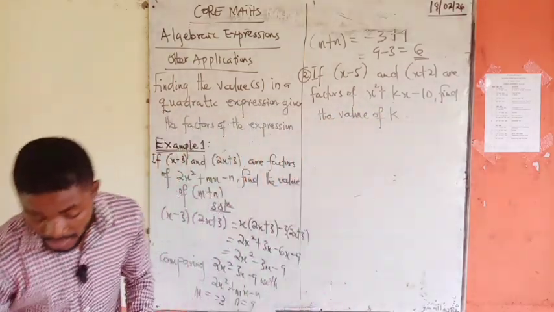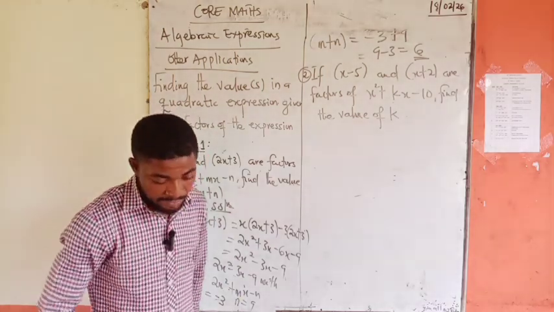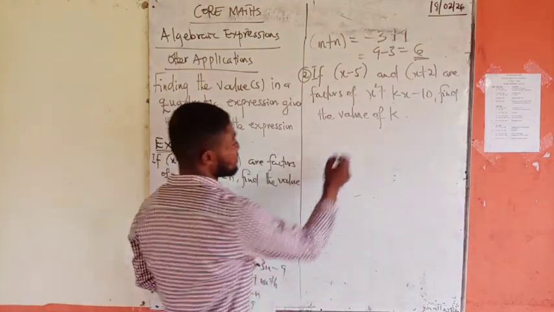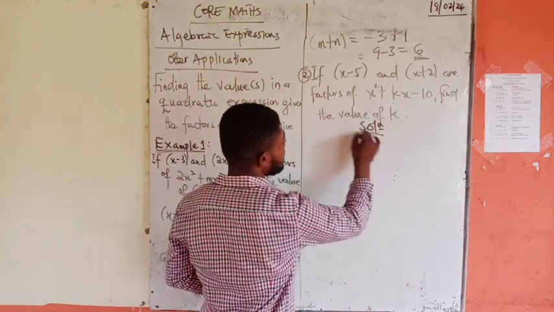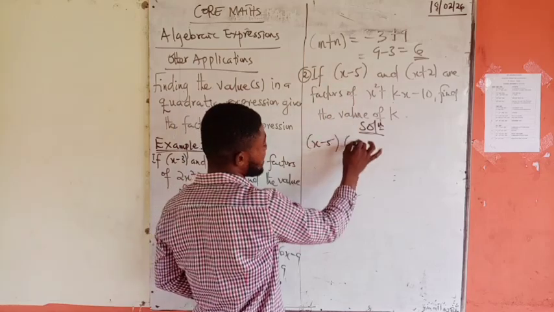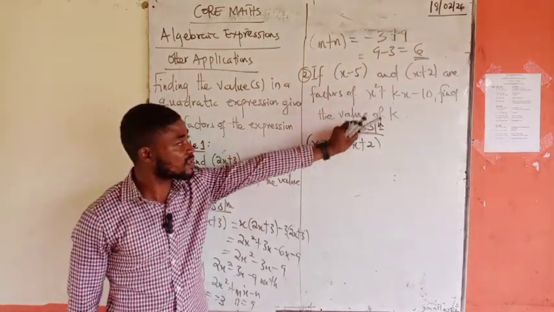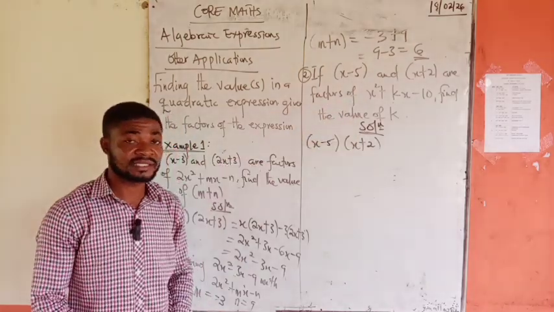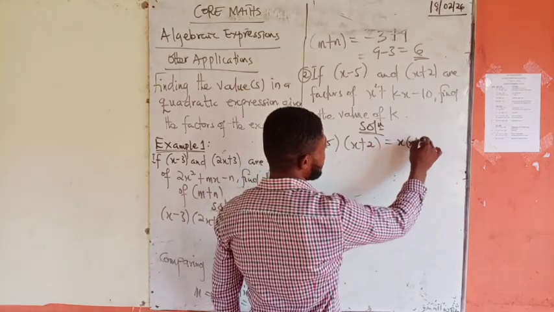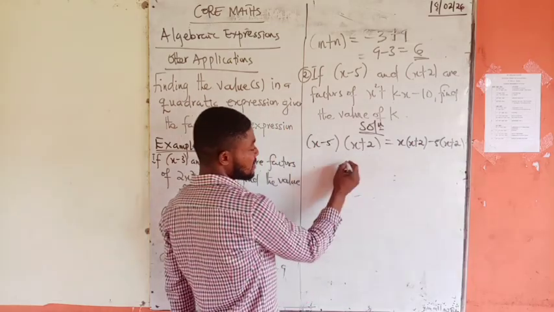Okay, so the same concept, the same idea, we are going to apply over here. So what we are going to do now is the same thing, we expand the factors, that is x minus 5 against x plus 2. When we expand this, then we compare the results with the x squared plus kx minus 10. So I have x plus 2 minus 5 x plus 2 like this. I now continue.